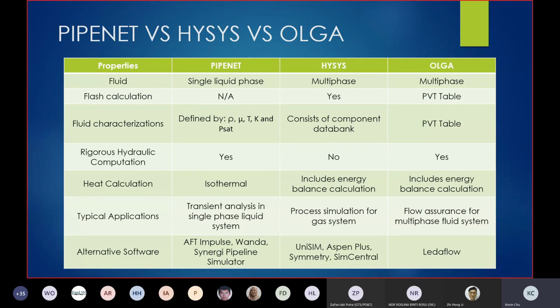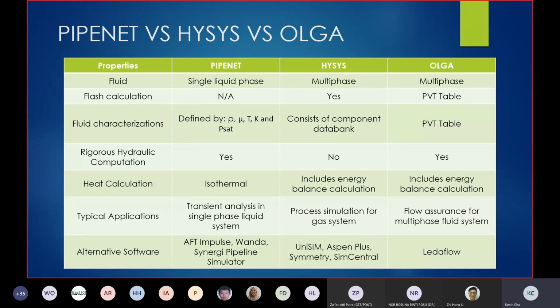For fluid characterization in Pipenet, the fluid is defined by just specifying the density, viscosity, temperature, bulk modulus, and the vapor pressure. In HYSYS, we have a component data bank with all the properties predefined, provided it's not a hypothetical component. And in Olga, we again use the PVT table for fluid characterization.